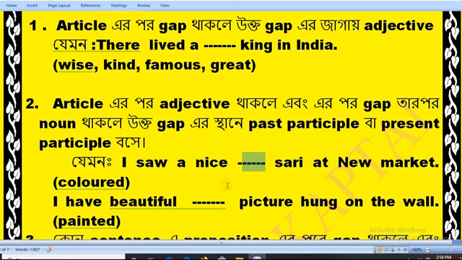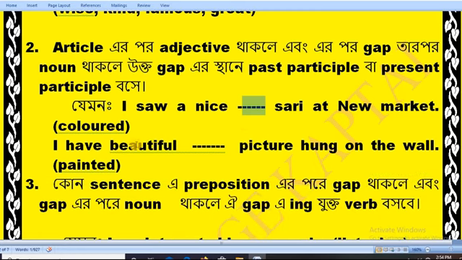So I saw a nice colored sari or colorful sari, right? That is the correct answer. I have a beautiful dash picture. I have a beautiful painted picture. Here that will be painted, the past participle form of the verb. That is the rule.